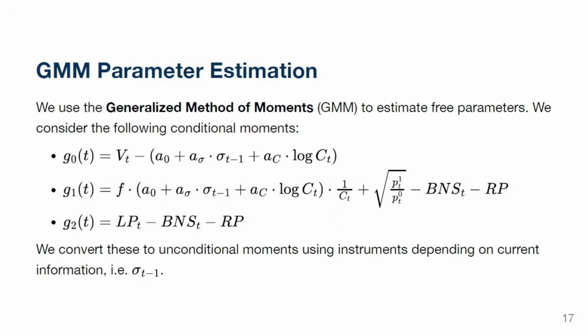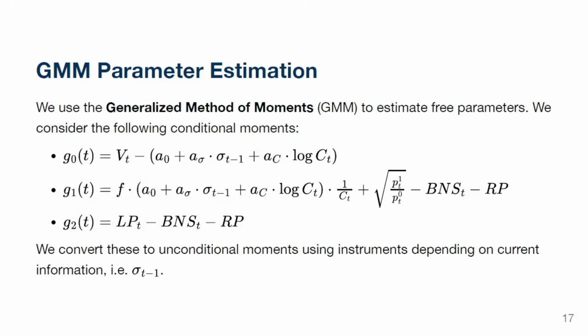And so we use what is called the generalized method of moments. You're probably familiar with this if you do empirical work. If you're not, basically the idea is we have these moments where we say, okay, real volume minus our model volume should be around 0 on average. And then we have a few other things. This is the returns of an LP: the portfolio value of an LP minus buy-and-stake, and then minus the risk premium.